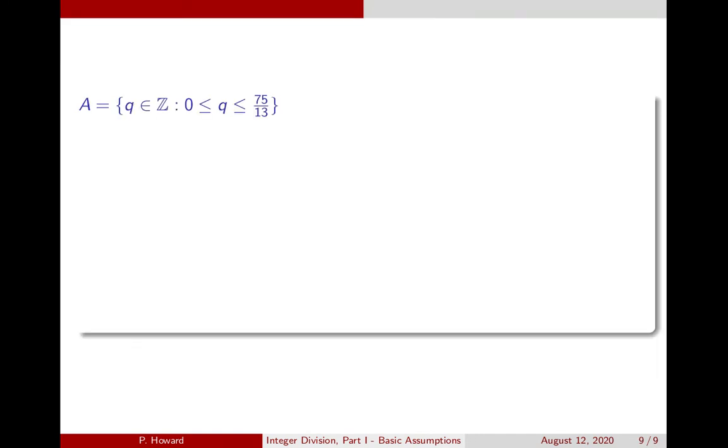So now we have a much easier description of A, easier to deal with. A is the set of integers which are greater than or equal to 0 and less than or equal to 75/13.